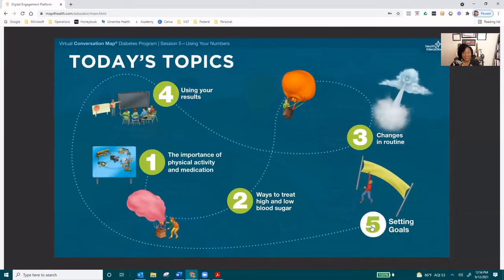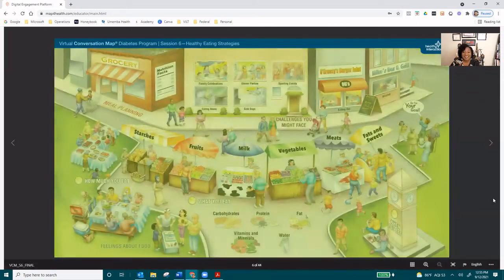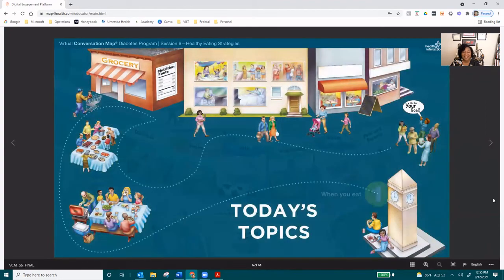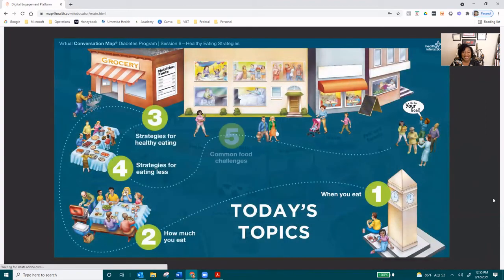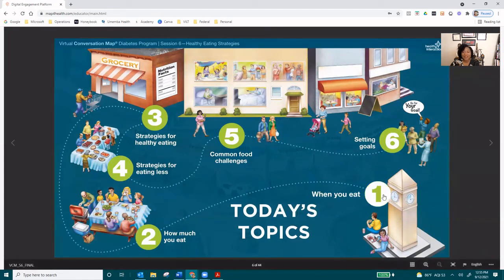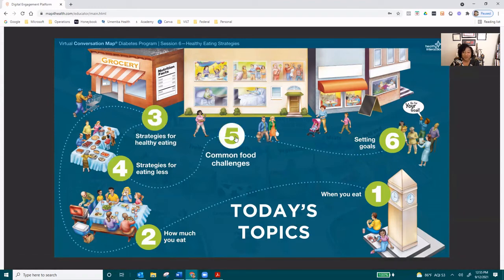And then, of course, we end setting goals for session 6. We revisit our healthy eating map and dig deep into healthy eating strategies. We talk about things like when you eat, how much you eat, how you can eat less, how you can eat healthier. We talk about common food challenges. And then, of course, we help you to set goals to be successful.